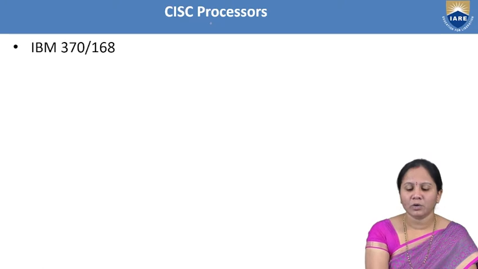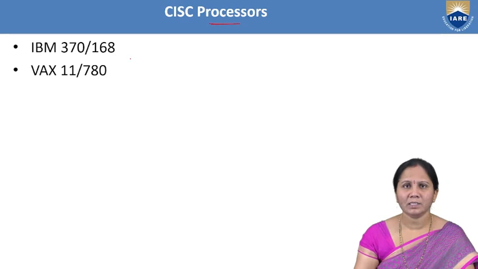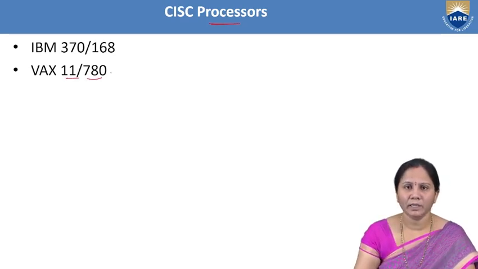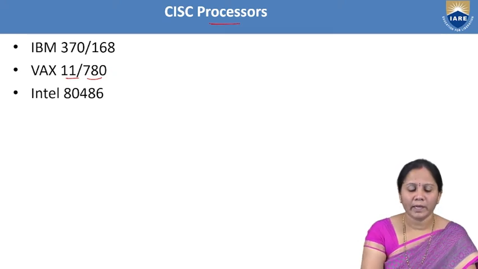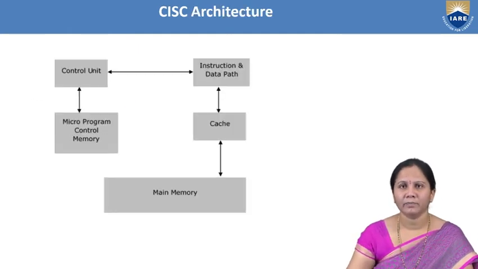Coming to CISC processors, some examples are IBM 370/168, VAX 11/780, and Intel 80486. These are different processors that come under the CISC category.